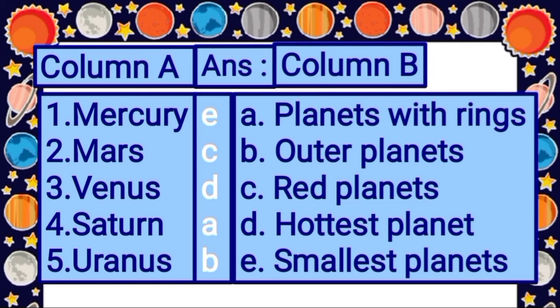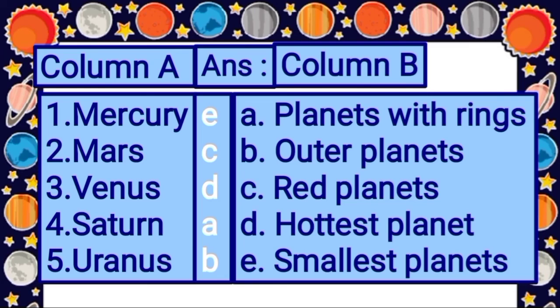So for Venus, answer is option D, hottest planet. Now fourth word from column A is Saturn.